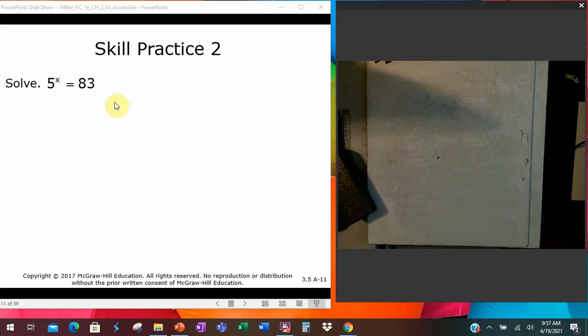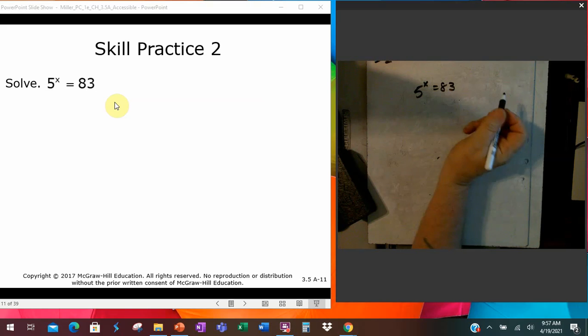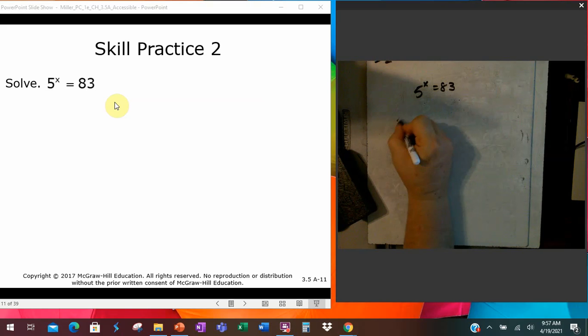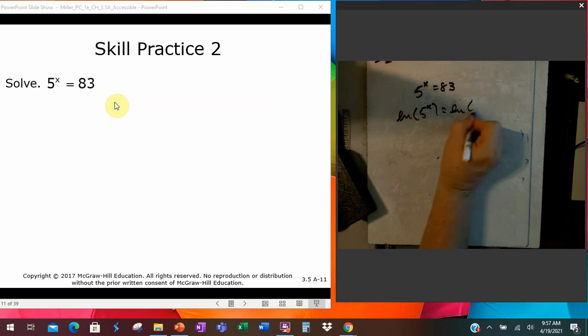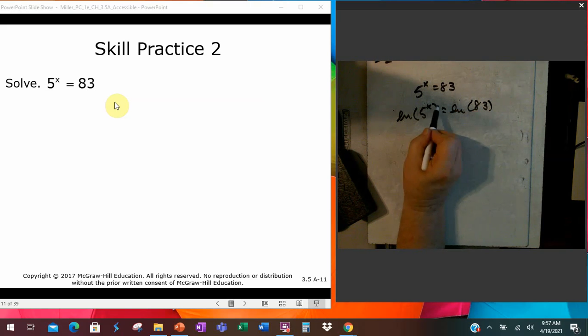So I'm going to do that again for this one. 5 to the x is equal to 83. I'm just going to take the natural log of both sides and solve for x, but that power property gets me down, and that's why I want to do the log of both sides. It turns an exponential into a linear function.